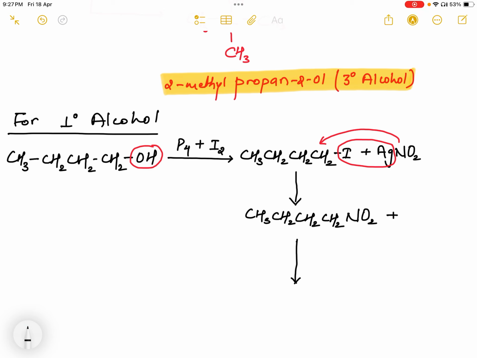So let me make it something like this. We have N, single bond OH, and we can make it as double bond O. So this is exactly HNO2, or nitrous acid, whatever you call it.